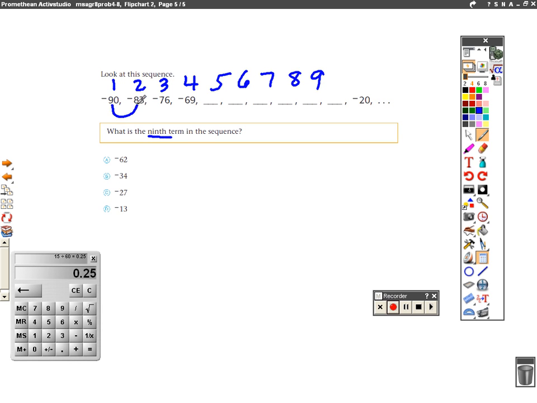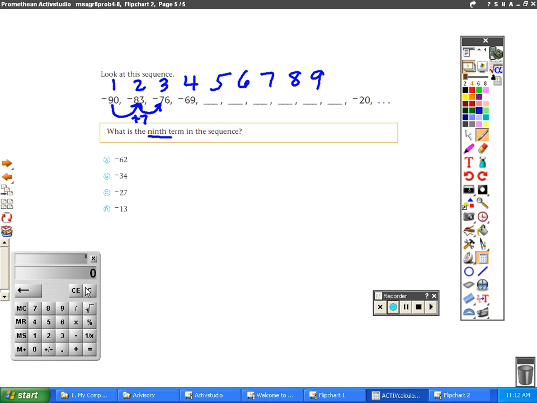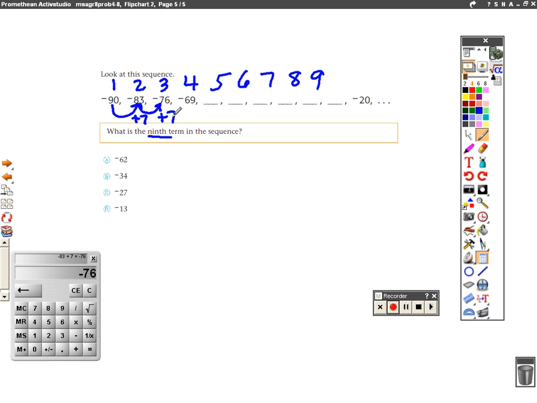To go from negative 90 to negative 83, you add 7. Does that pattern work? If I add 7 to negative 83, oh, maybe I'm not so good with my integers, so let me just double check. If I have negative 83 and I add 7, yes, that gives me negative 76. So the pattern is add 7.